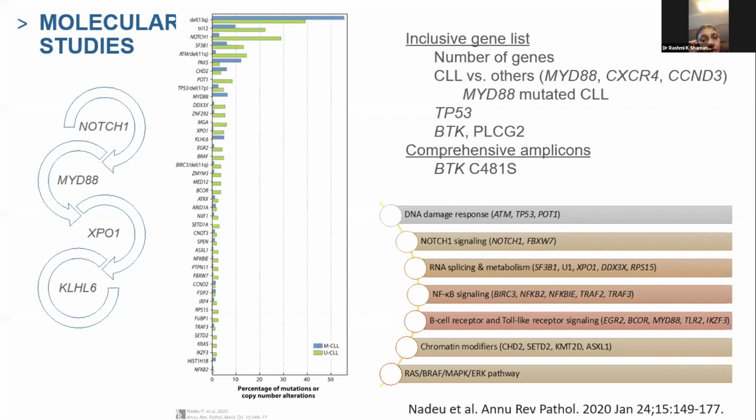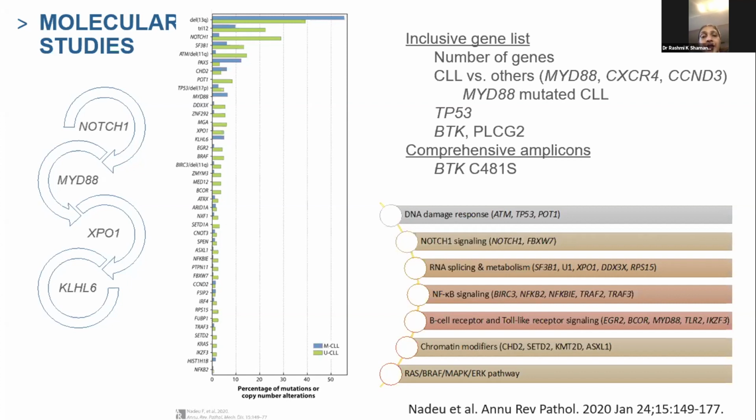In addition, it should incorporate the prognostic genes, TP53 included, as well as other genes that can show resistance mutations with these novel therapies, like BTK or PLC gamma 2, etc. When we are evaluating the panels, it's not enough that the genes are included; the amplicons of the panel should incorporate those hotspot regions.